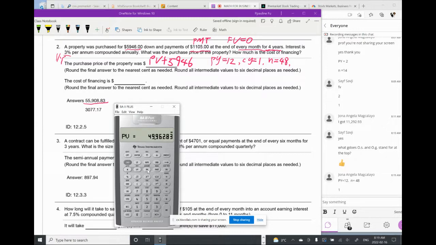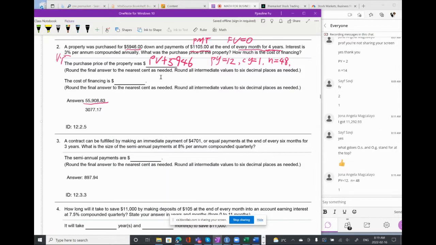This is the present value, 49962. So our calculation result, PV. Okay. Now we answer the second question, the cost of financing.